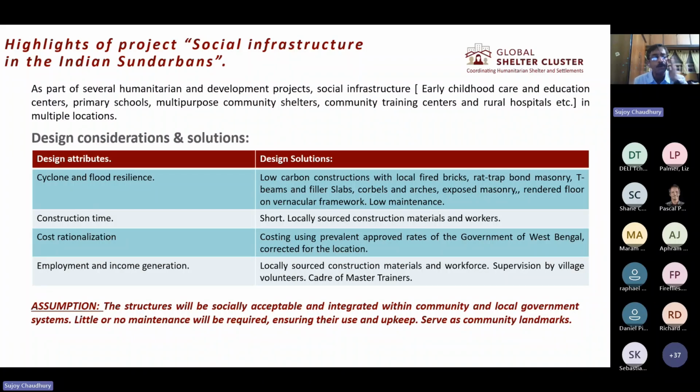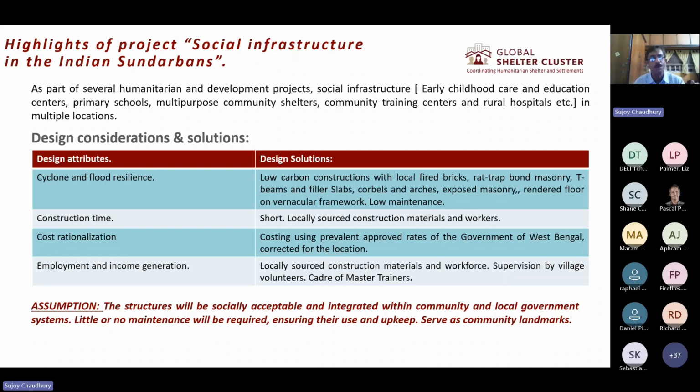So again, the core concept was that they had to be cyclone and flood resilient, construction time had to be less, cost rationalization and income generation. And the technology that we used in this was low carbon construction with local fabrics, rat trap bond masonry, T-beams, filler slabs, and using a vernacular style, because we have mostly Hindus and Muslims around this, so we didn't want to use forms and shapes that would be biased towards a particular community.